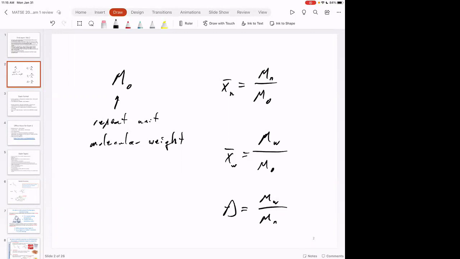And so the question is, how do you calculate M0? If you see the polymer structure, there's the polymer. M0 is everything between the parentheses, with the one caveat.